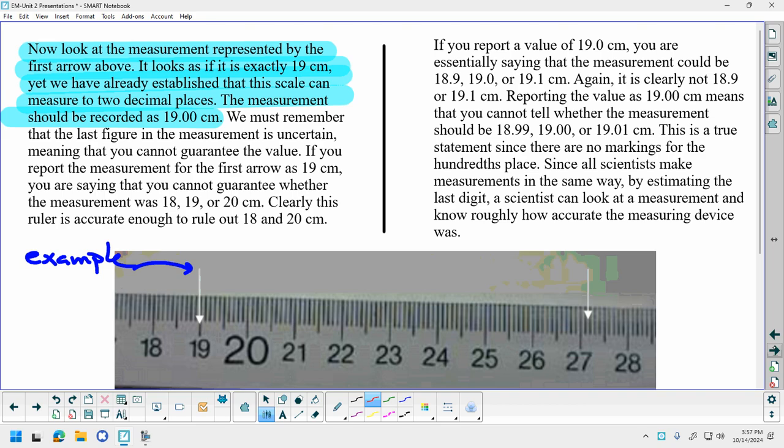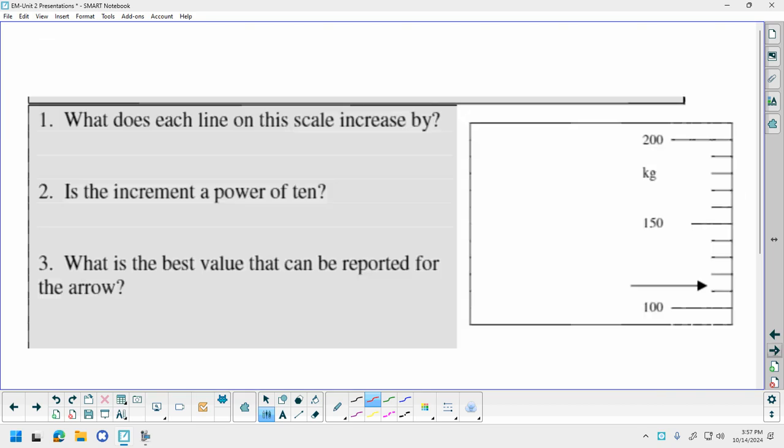Well, we know it's 19, and we know it's not 19.1, so we can have 19.0. But if it looks like it's right on the line and there's no need to estimate further, then we could say it's 19.0. So we got 19.0 for the known, and then a 0 after that, so 19.00. And it still gives us the same level of precision as our other measurements.